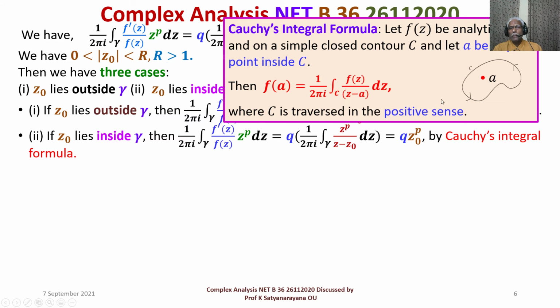So a is inside. So z naught lies inside gamma. Therefore, your f(z) is z to the power of p, and the integrand is z to the power of p by z minus z naught. So according to Cauchy's integral formula, it will be f of z naught.